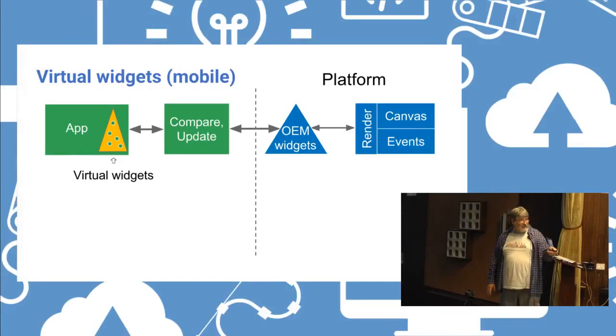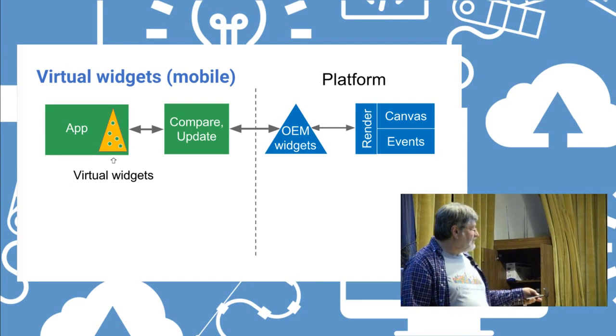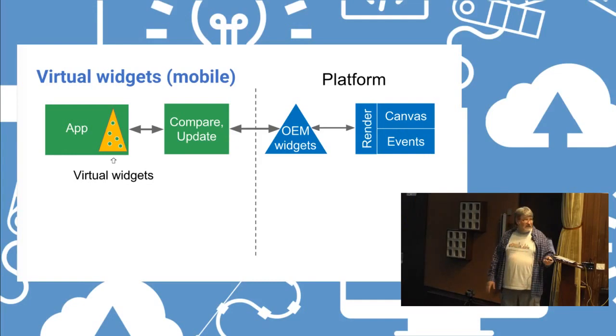And this is a big win for native apps, because remember that this is the bridge right here. It's very expensive to cross that boundary between JavaScript and the native widgets. And so by doing this, you minimize the amount of communication you have for updating widgets. You're only sending things over for widgets that have changed. So that's really good.